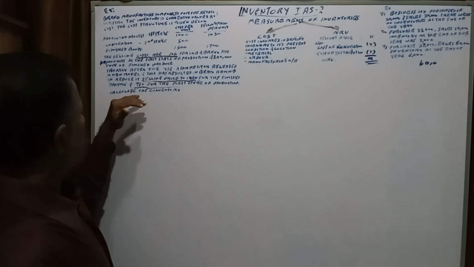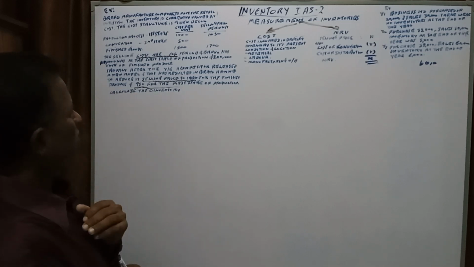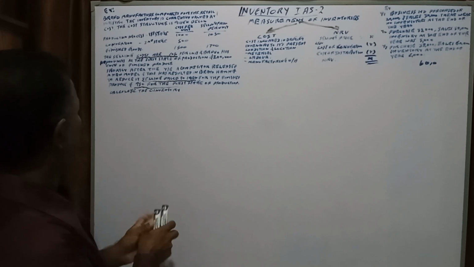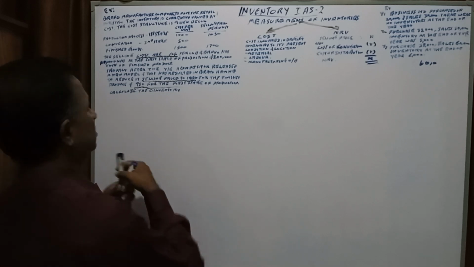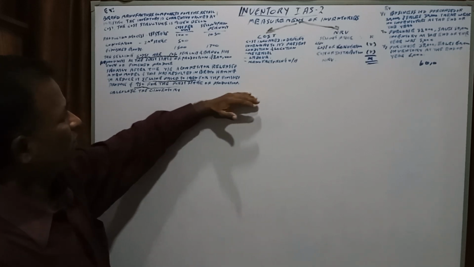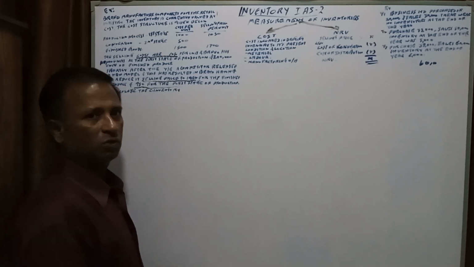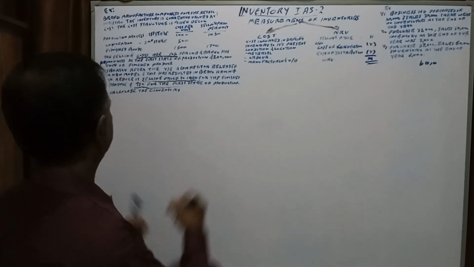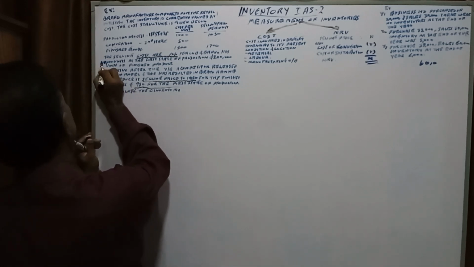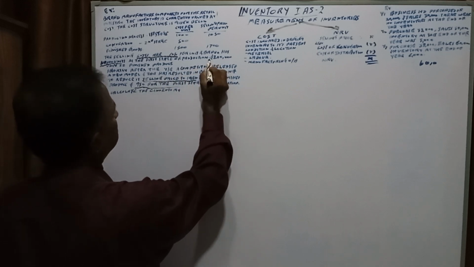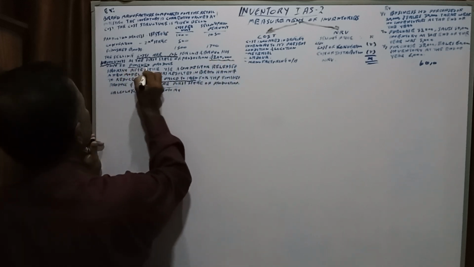So we have to calculate the net realizable value and cost. This is the unit cost, with 100,000 units at first stage and 200,000 finished goods.